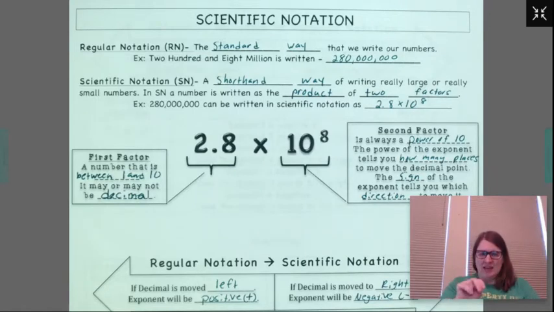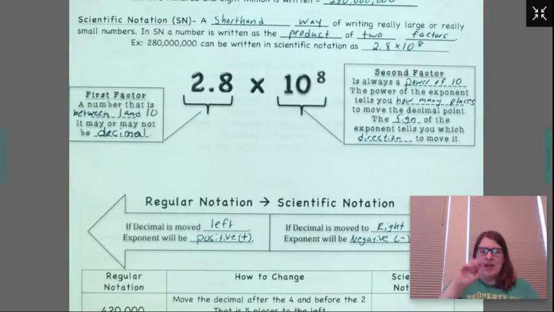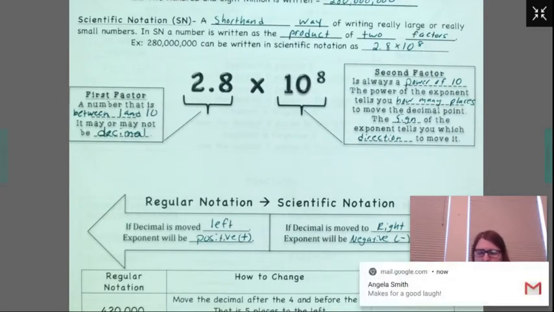The sign of the exponent tells you which direction to move your decimal point.